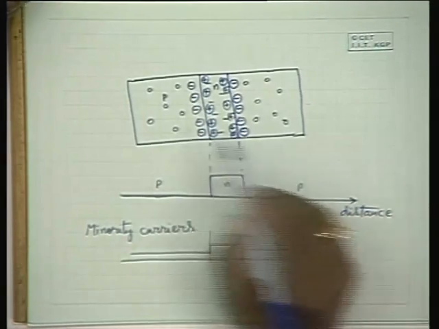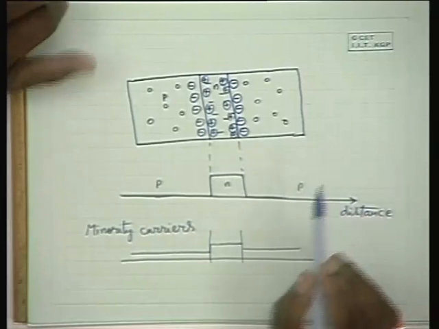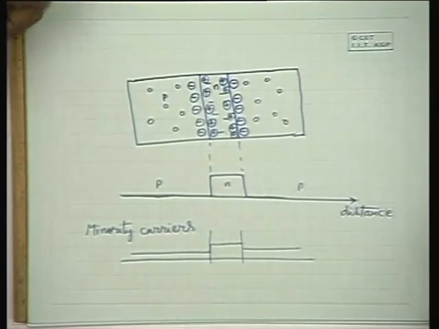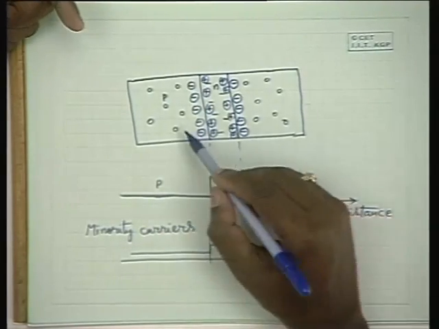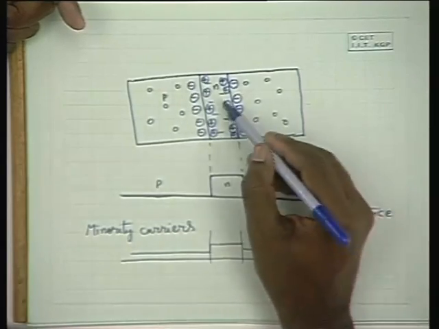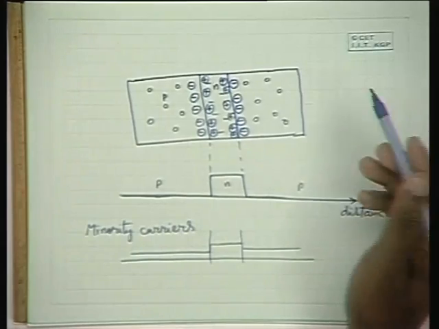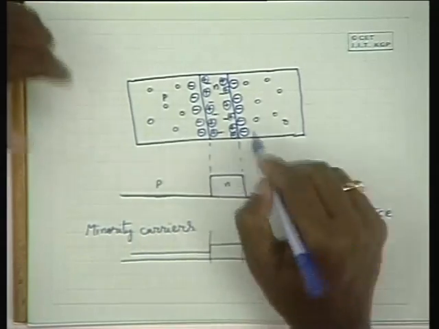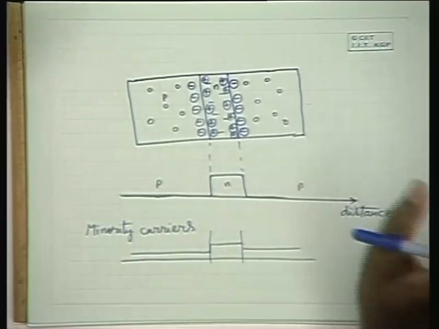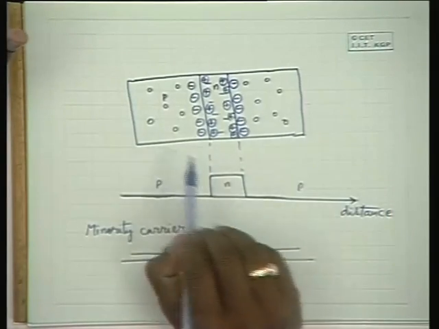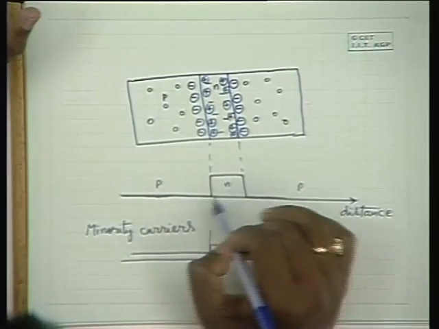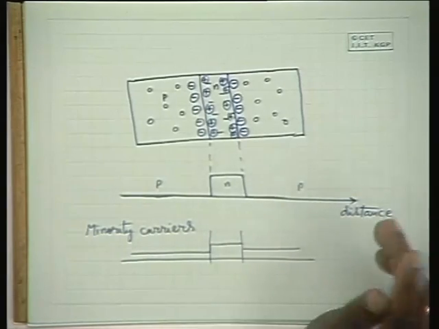Well, if this device is connected in a circuit, the minority carriers can be drifted from the p side to the n side, and from the n side to the p side, and so on, if the circuit is complete and some external potential is applied to this. So when nothing is connected, this is the state of affairs. Because of the space charge, you have the potential of this type developed.